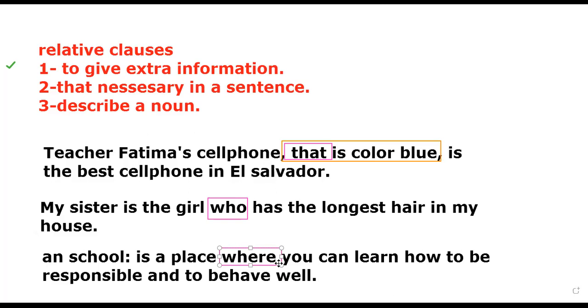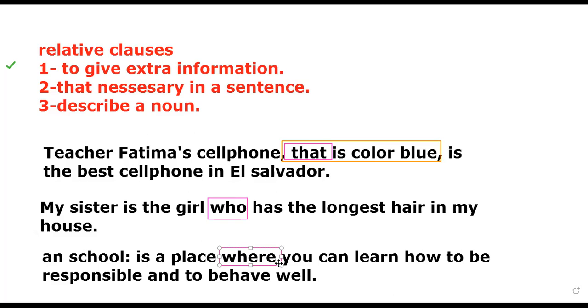That means that you can describe things or objects according to something. What is the second question? What is the difference between linking words?